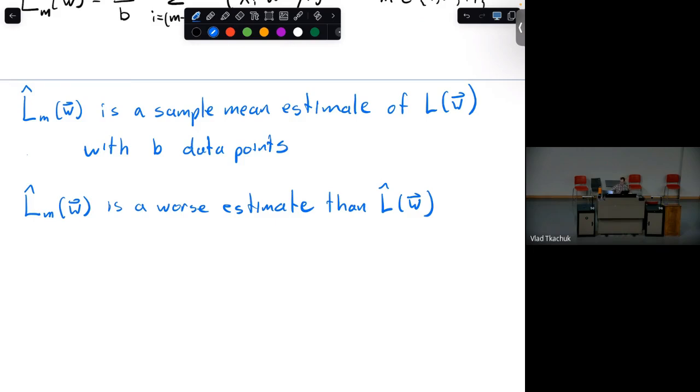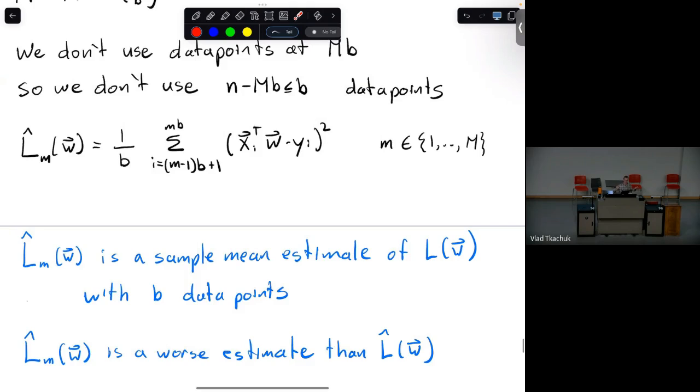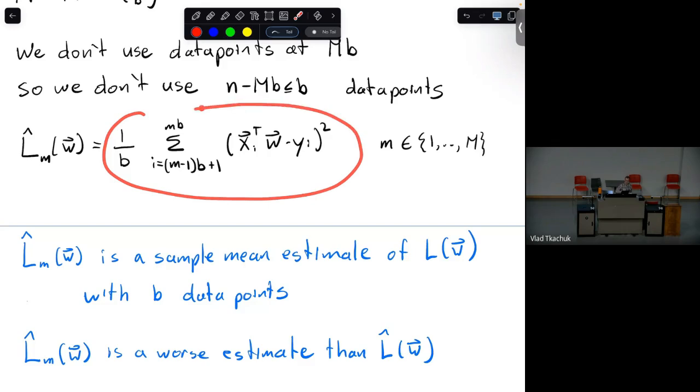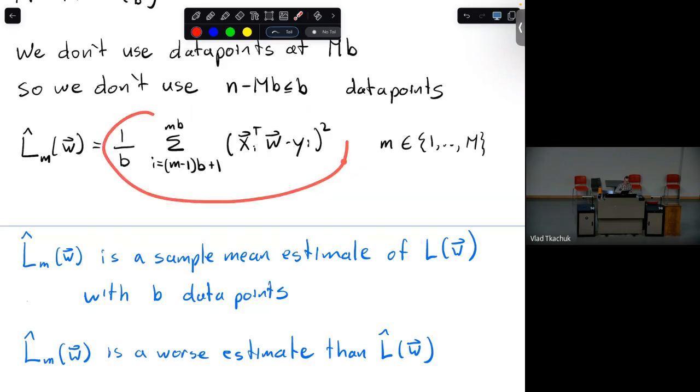So where's the advantage? The advantage comes when we write the algorithm. I'm going to give you the algorithm right away. It's going to be the same one as before, except now we have gradients with respect to a smaller sum. So it's a worse estimate, but it takes less computation to compute, so you can take more steps of gradient descent.